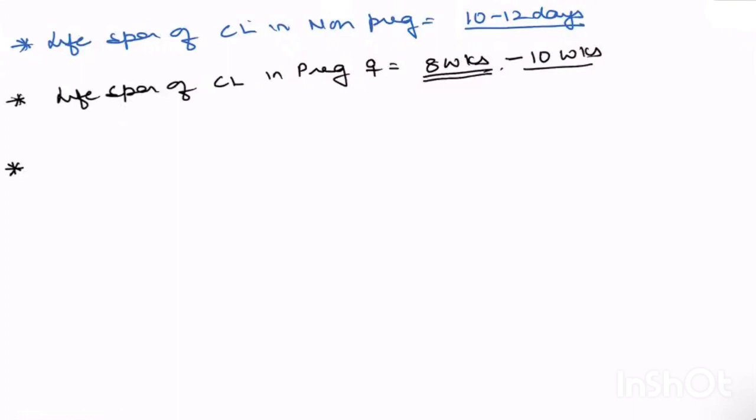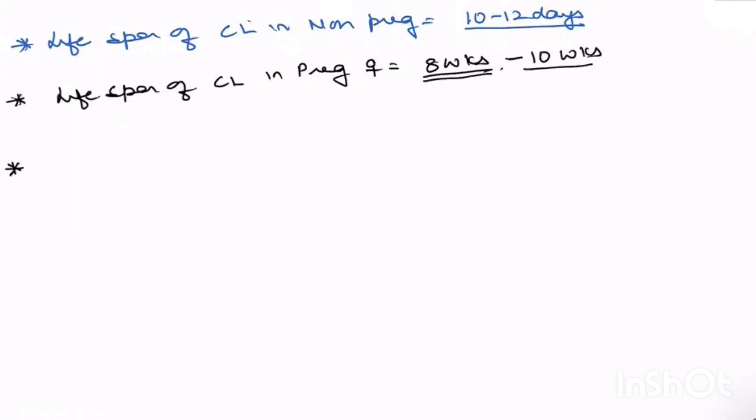Now tell me, अगर ये सब समझ में आ रहा है तो ये भी समझ में आ रहा होगा कि in pregnancy फीमेल को menstruation क्यों नहीं होता है. Why in pregnancy there is amenorrhea? In pregnancy there is amenorrhea because in initial part of the pregnancy, corpus luteum will form progesterone, right?